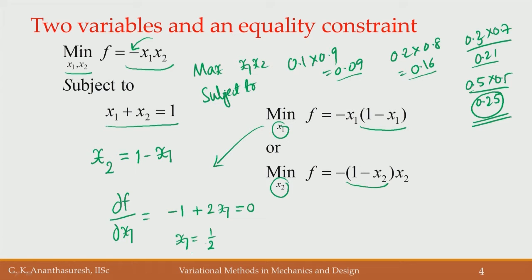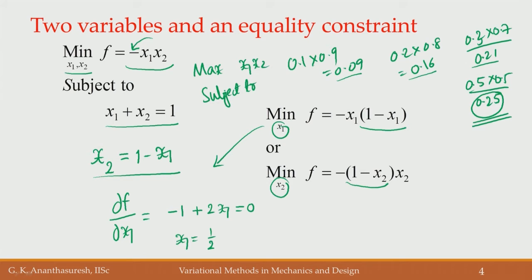If x1 is equal to half, based on this relationship x2 is also equal to half. So, it works out when you can eliminate one variable in terms of the other, we can reduce the size of the problem from 2 variables to 1 variable and we can solve it.